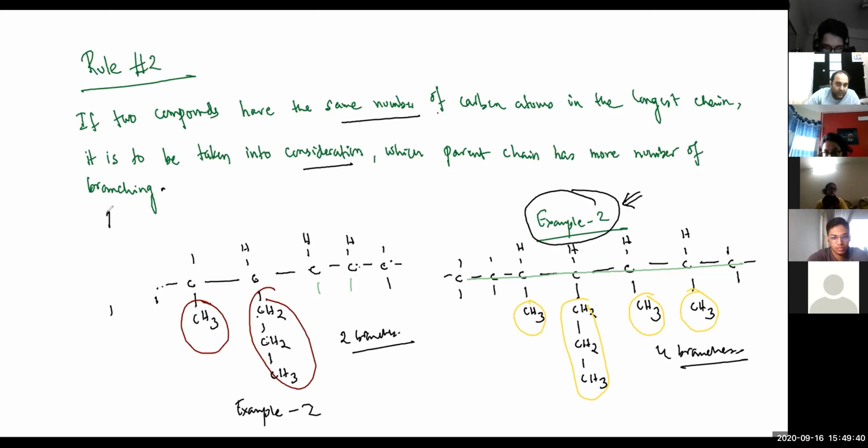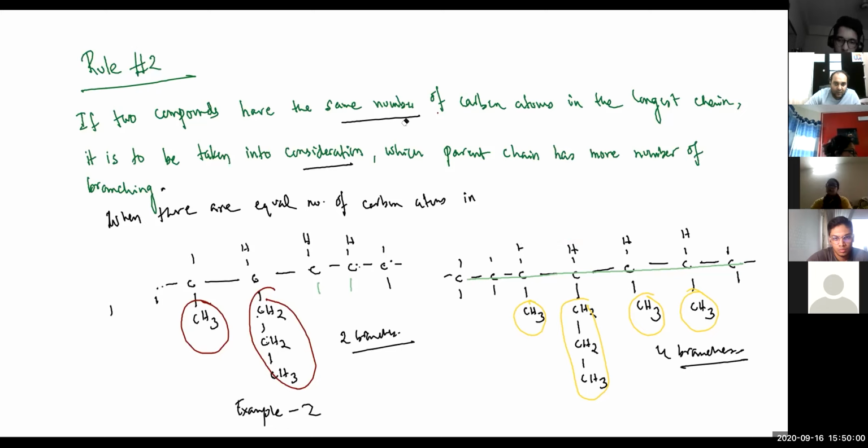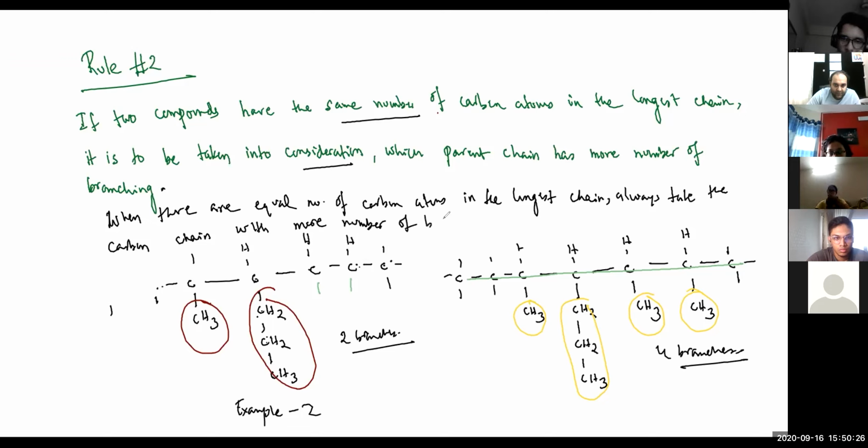So when there are an equal number of carbon atoms in the longest chain, always take the carbon chain with more number of branches.